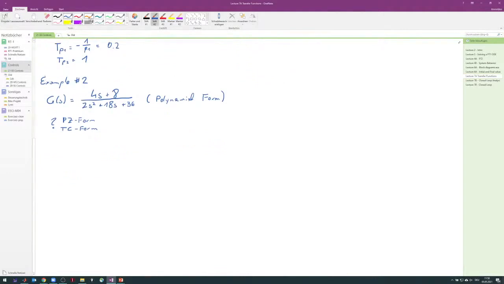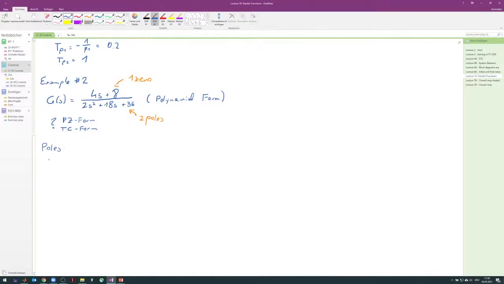So what we already can say here, we have 1 zero, right? Because we have a first order polynomial in the numerator and a second order polynomial in the denominator, so it needs to be 2 poles. Okay, let's solve for the poles.